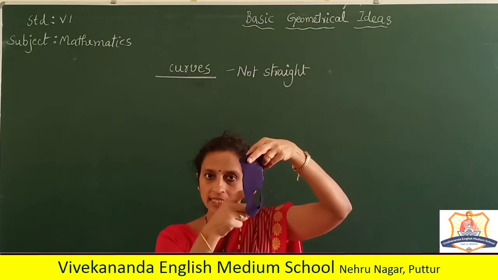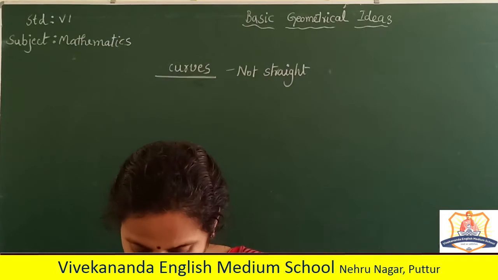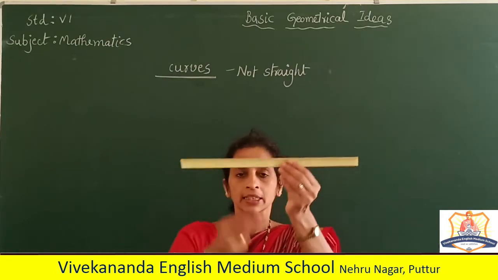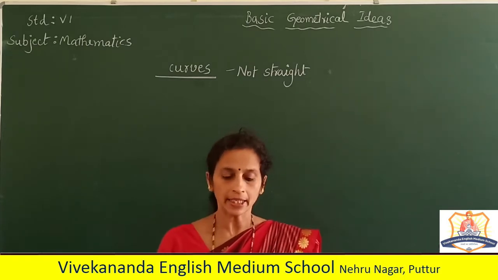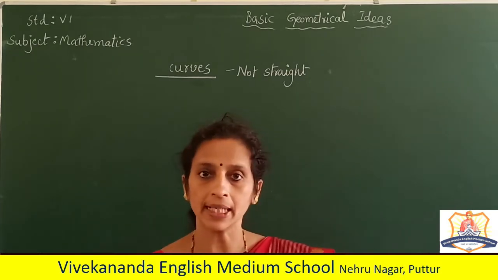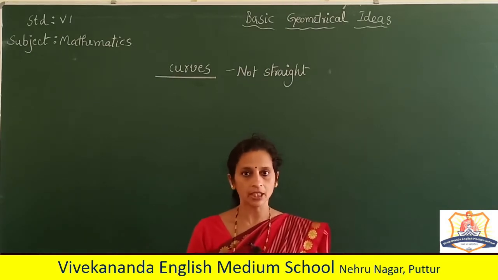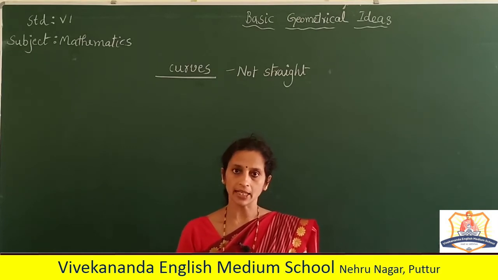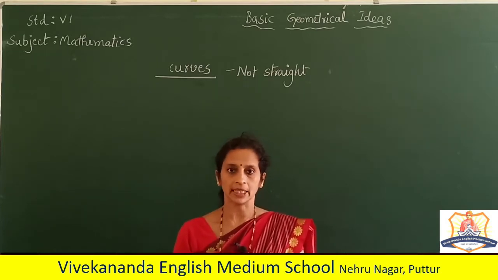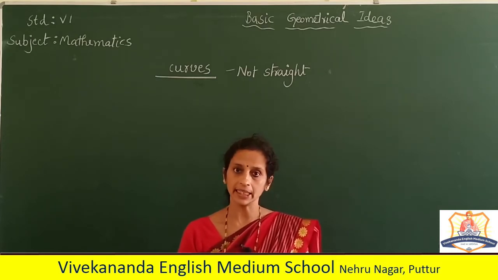The edge of this circle is also a curve, and the edge of this scale is a straight line. Around us you can see petals of flowers. Most of the petals of the flowers are curved, and most of the leaves are also curved in nature, but coconut leaves are straight.